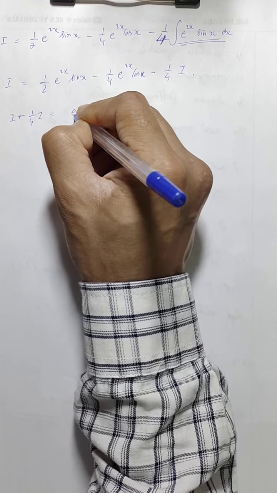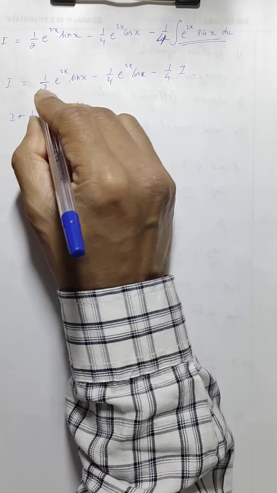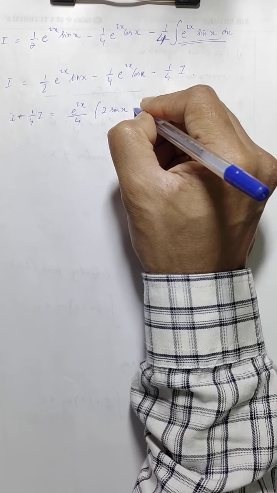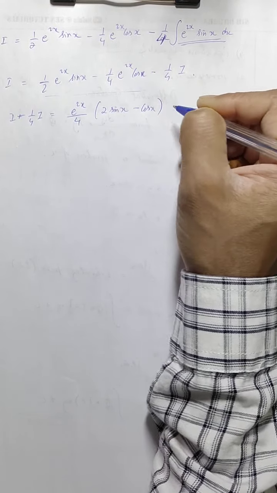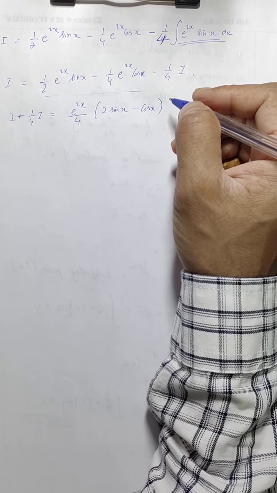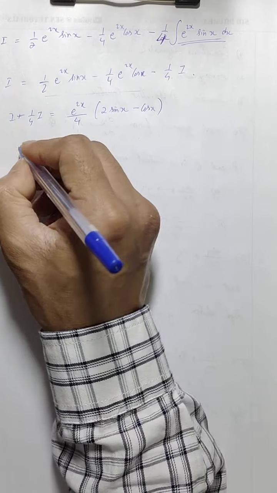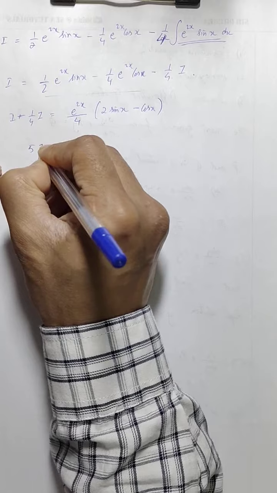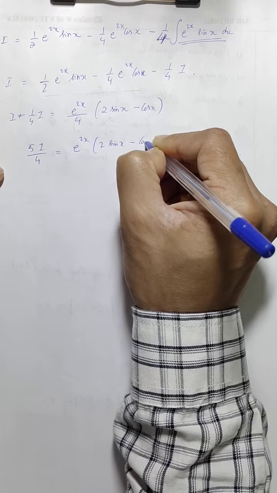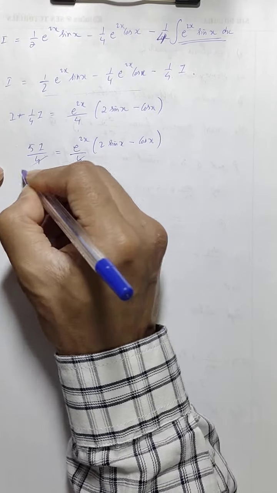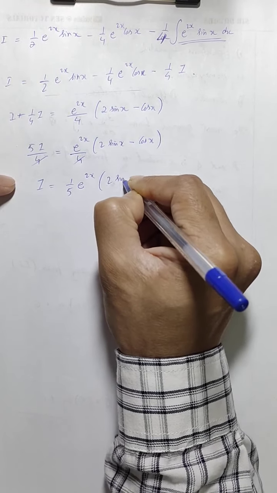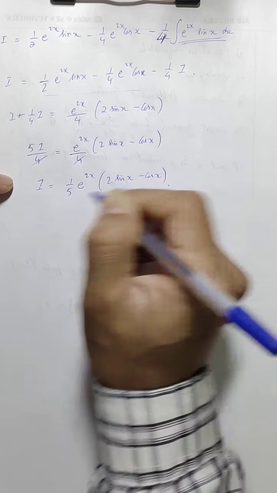If I just take e to the power 2x by 4, then this becomes 2 sin x minus cos x. The constant, let me not write again and again; in the last we will write down the constant. So that becomes 5I by 4 equals e to the power 2x into (2 sin x minus cos x). The 4 we can cancel, so I becomes 1/5 e to the power 2x (2 sin x minus cos x).